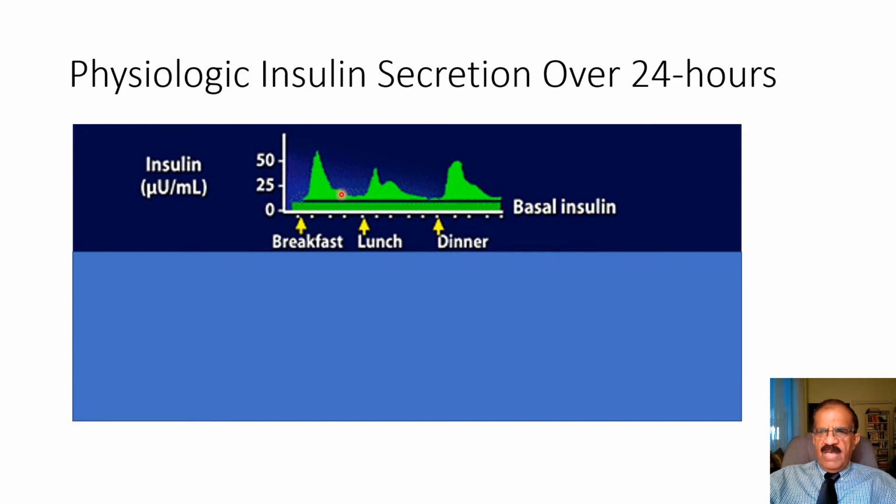So whenever we eat, glucose tends to rise, and that glucose stimulates the beta cell, and GLP also helps this mechanism, and the insulin level increases after the meal. So I think you just keep this picture in mind, that we have to reproduce this type of state when we replace insulin.